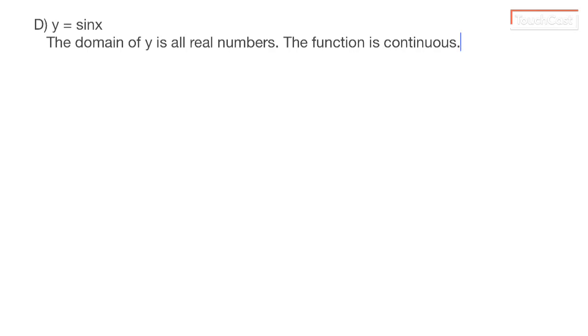So just to recap continuity versus discontinuity, a function will be continuous if all real numbers work in it. If the domain can be all real numbers and there's no conditions to it, no exclusions, we have a continuous function.